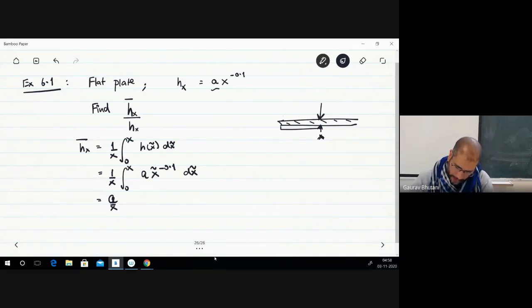So this becomes x tilde to the power of minus 0.1 plus 1 upon, and this has the limits from 0 to x.